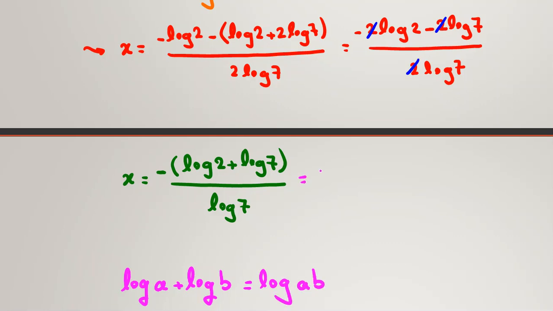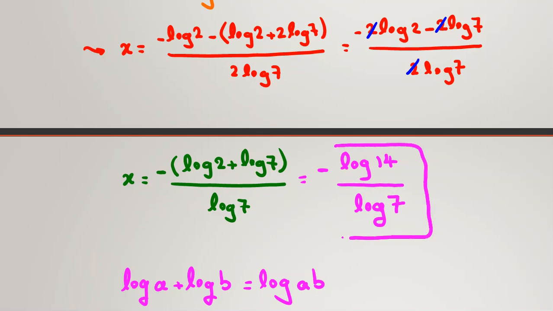If we apply it here, minus log of 2 times 7, which is 14, all over log 7. We can say it is negative log 14 over log 7. And it is our second answer.